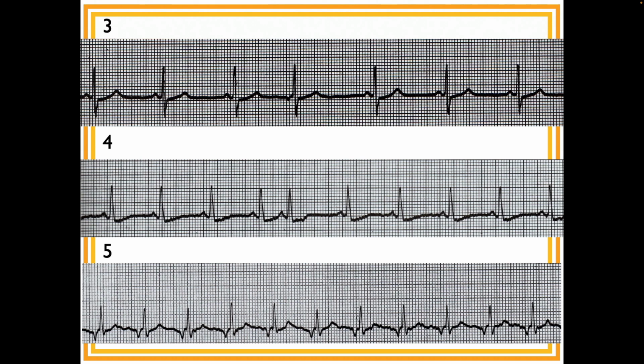But it is regular and it has P waves, so it can't be a fib. I say a lot, don't depend on the fib waves to identify atrial fibrillation for two reasons. Number one, a lot of AFib doesn't have fib waves. And then you get stuff like this, a normal sinus rhythm with what looks like fib waves, but it's just interference. So, artifact.